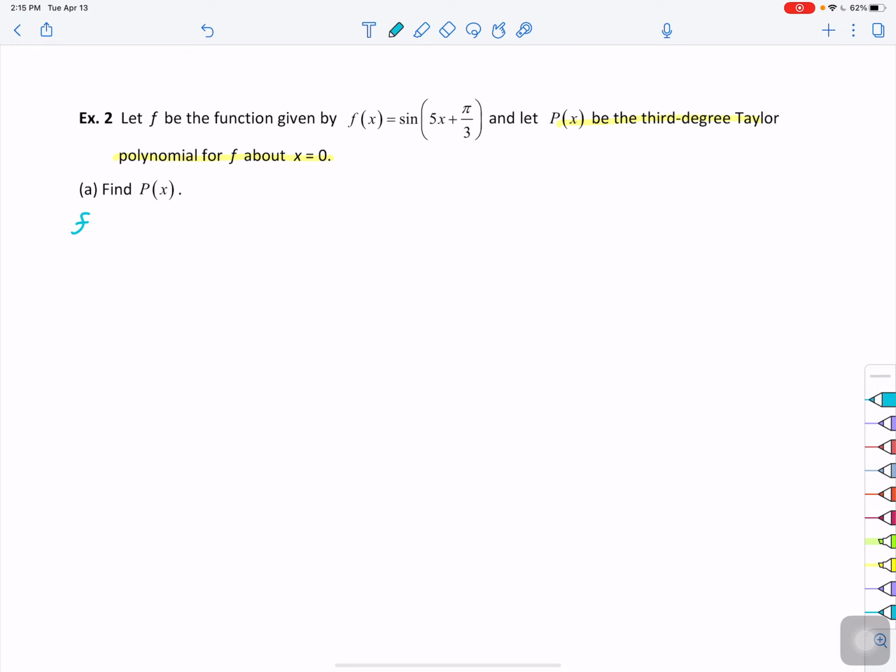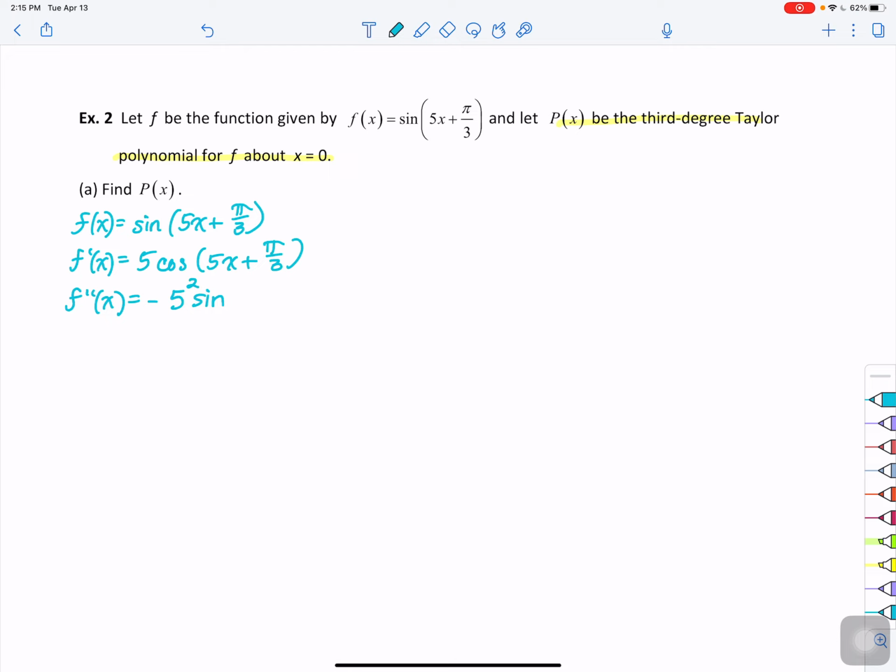So first things first, we have to write down f of x, f prime of x, f double prime of x, and then the third derivative.